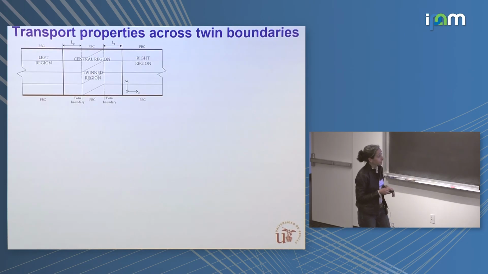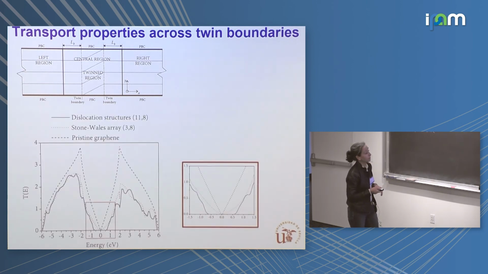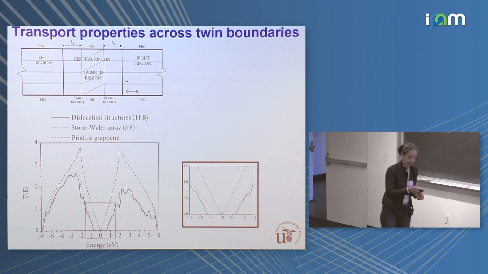So let's see the transport properties across twinning. We compare here the curves for the Stonewall's array, not twinning, with this other structure in which we have twinning, and you see that this configuration opens a band gap again.